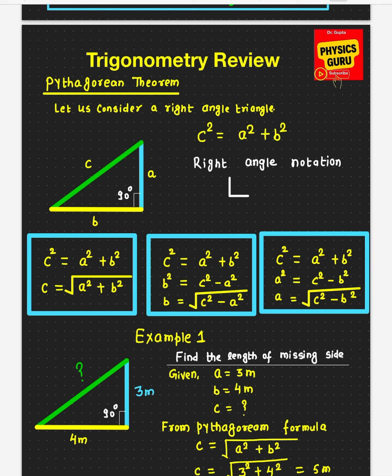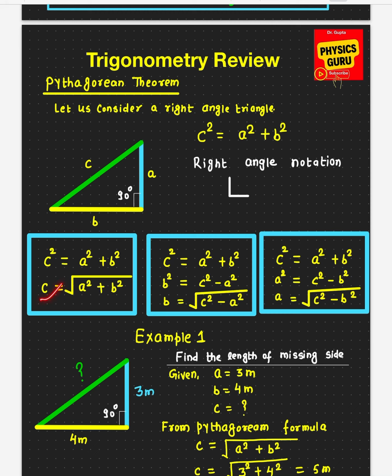The notation for the right angle is this one, or we sometimes also represent it this way or this way here. So if I consider this kind of right angle triangle and write it this way, then this will be 90 degrees here. That's the symbol for the right angle.